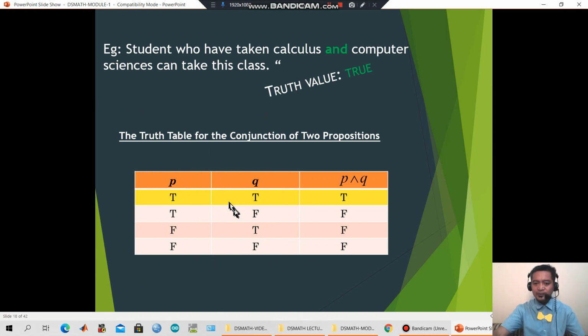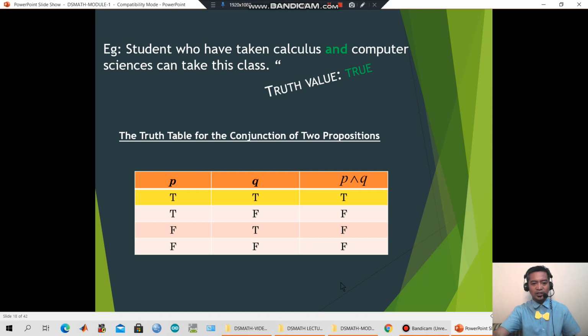Okay, ayan. So, ano yung kanyang output truth value na P and Q? Sabi natin, kapag parehong true, that's the time na magiging true siya. Otherwise, ang ibang combination, false. Madaling, kahit di pa natin tandaan yung and dito, tandaan natin yung multiplication.